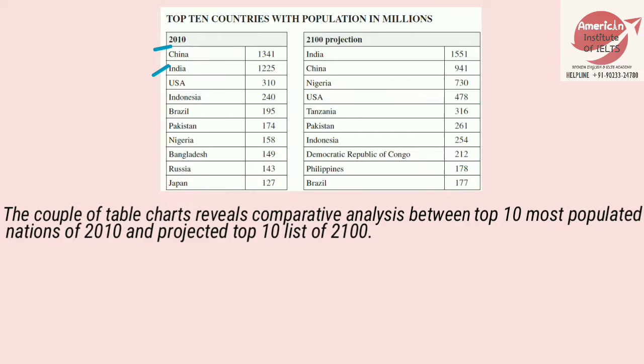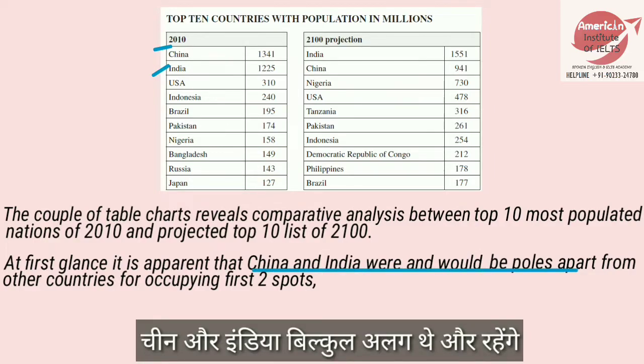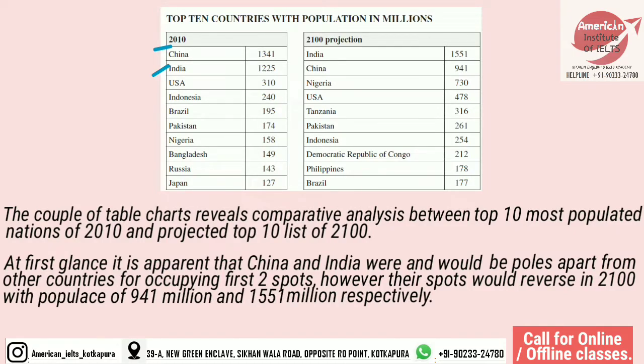So at first glance it is apparent that China and India were and would be poles apart from other countries for occupying the first 2 spots. However, their spots would reverse in 2100 with a populace of 941 million and 1551 million respectively. So I think this much information for these two nations is enough.